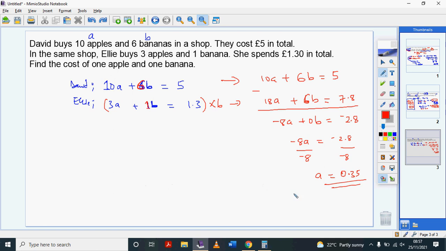Okay, so now I need to find the price of a banana. Since I have the price of an apple, I will substitute it in any one of these 2 equations, but I'm going to choose Ellie's equation because the banana is already 1 banana. So I'll say 3a plus 1 banana is equal to 1.3. 3 times a, I got a as 0.35 plus 1 banana equals 1.3.